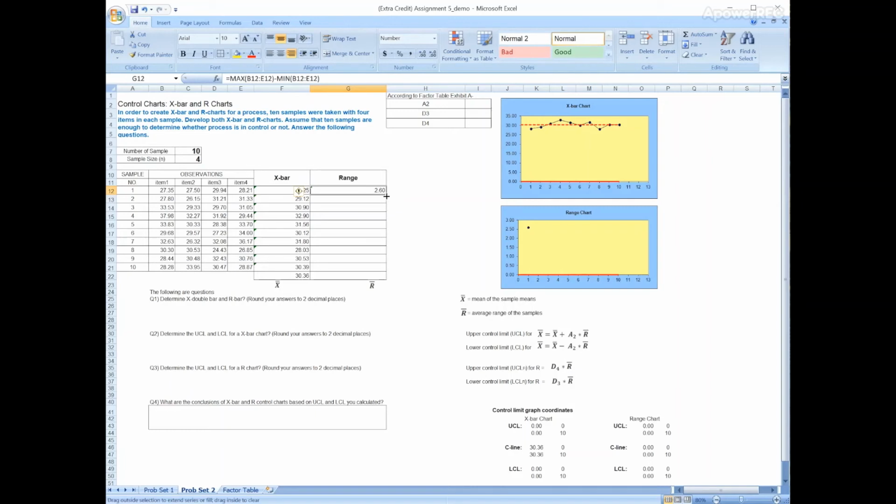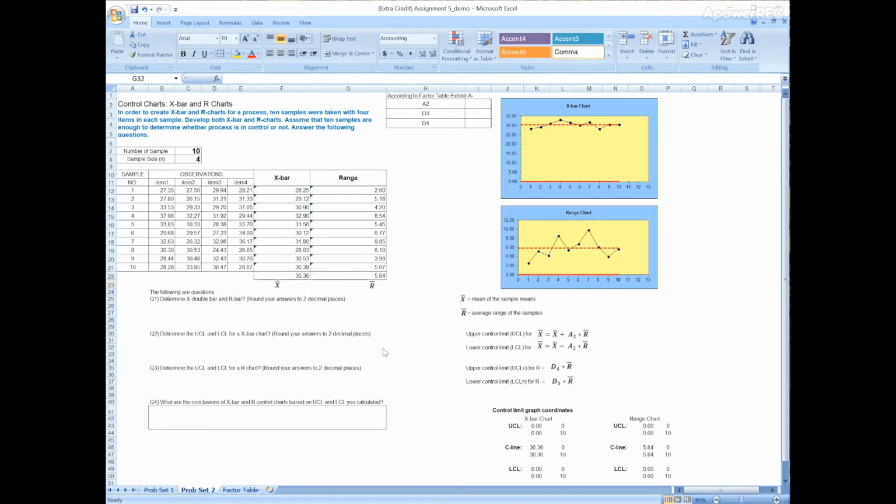Next, you can drag it down to calculate the difference between highest and lowest measurement in each sampling. And then to calculate the R bar, we need to take the average of all measurement differences by using the average function in Excel. So R bar is 5.84 in this case.